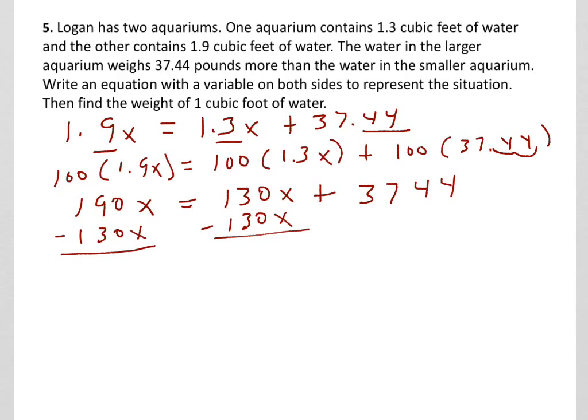Over here on the left side, 130 from 190 is 60x, and that's going to equal 3,744. Since I'm multiplying x by 60, I'm just simply going to divide both sides by 60.